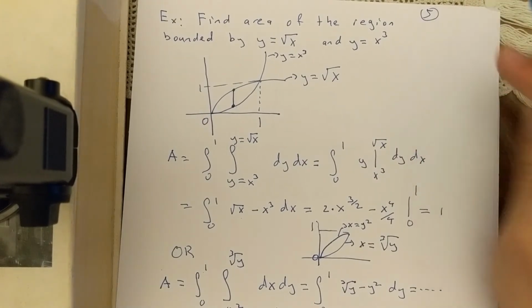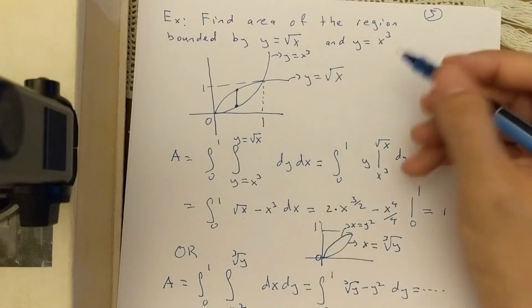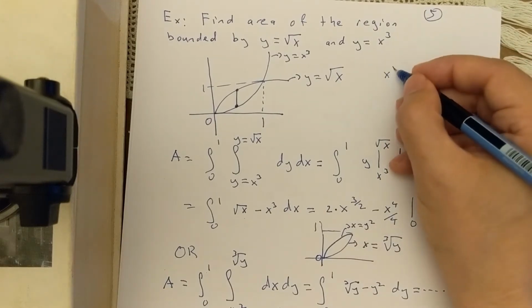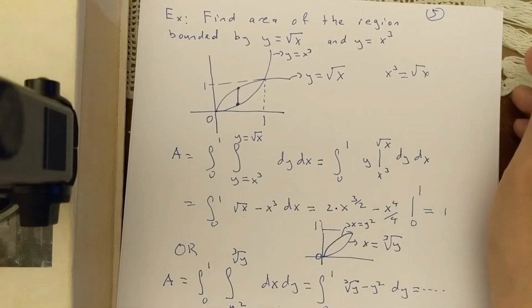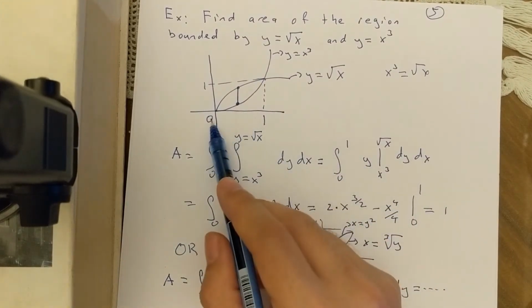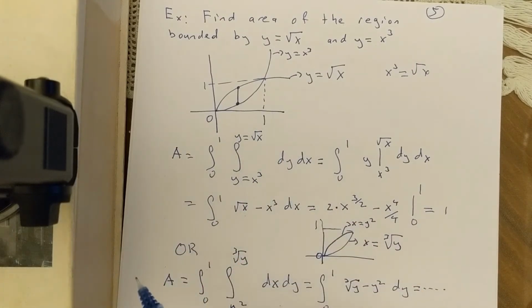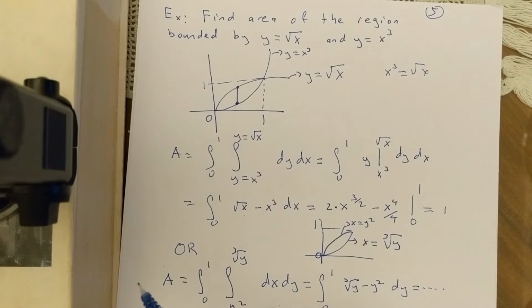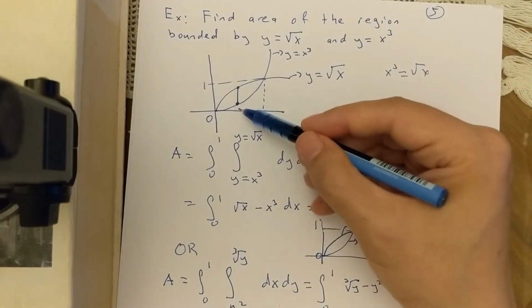The first order of business is finding where they intersect. If you set x cubed equal to square root of x and solve it, you'll see it has two solutions, which we already know: they are equal when x is equal to 0 and when x is equal to 1. So let's calculate the area of this region using double integrals. Top minus bottom.